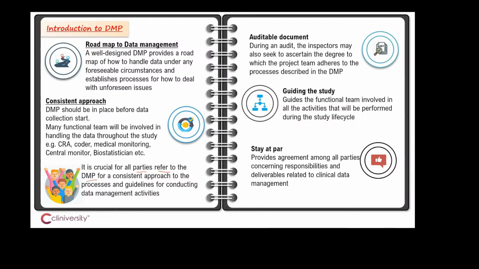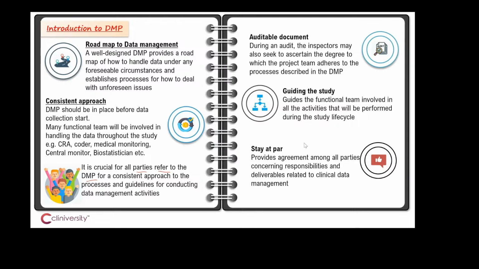So this is how the DMP becomes an auditable document. Then it guides the study throughout the activities or throughout the study cycle. So anytime any issues are being faced, the DMP can be actively referenced by the data managers.